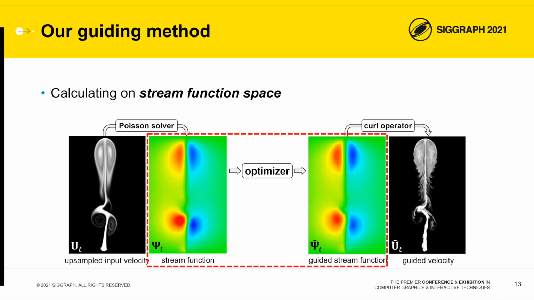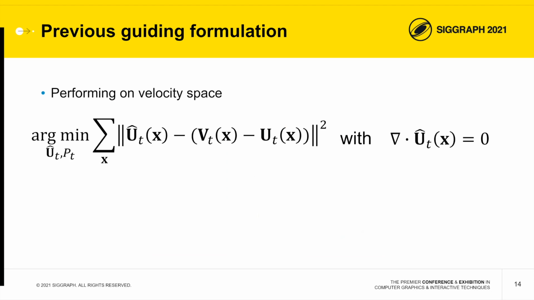Okay, now let me talk more about the optimization process. This is the formulation used in the previous original optimization-based method. Let's see this formulation in more detail. This term is the input velocity field, a low resolution velocity field.